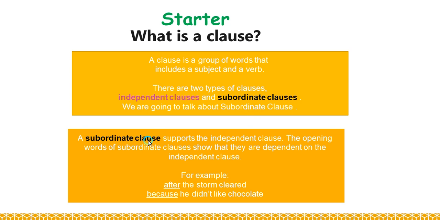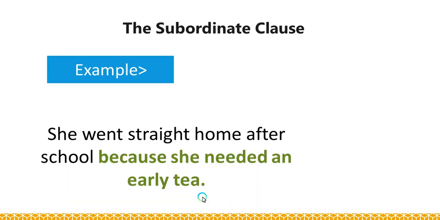A subordinate clause supports the independent clause. The opening words of subordinate clauses show that they are dependent on the independent clause. For example, as we see here, we have after and because: after the storm cleared, and because he did not like the chocolate.